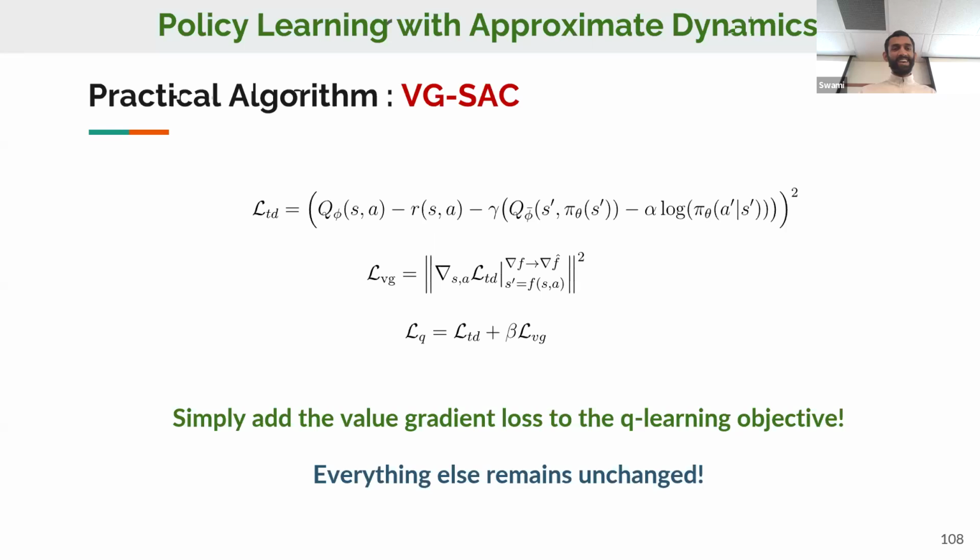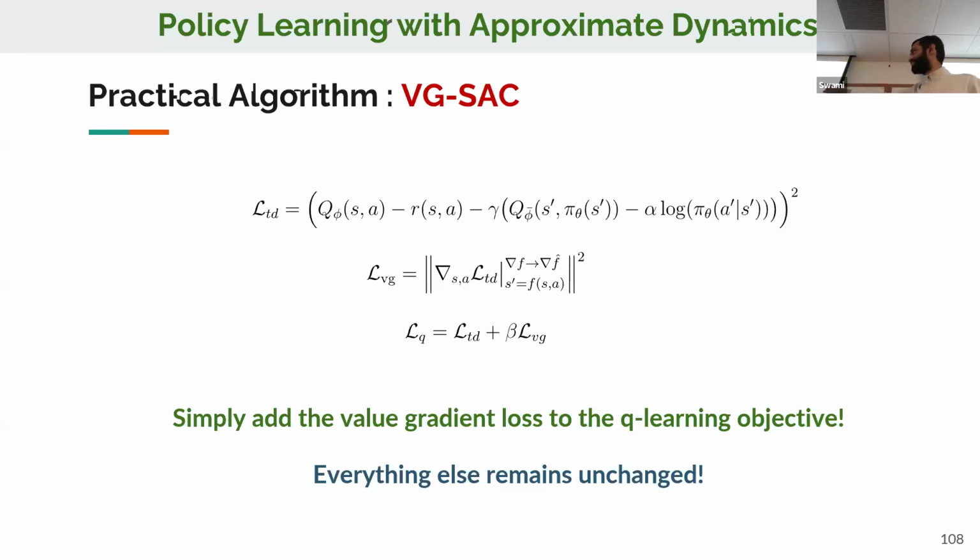And a lot of these modifications can be very straightforwardly applied to some practical algorithms. For example, here we modify soft actor critic, where you might have the standard TD objective for the Q function, and all that you need to do to get the value gradient update is compute a gradient of some typos, that was supposed to be the residual instead of the entire objective.